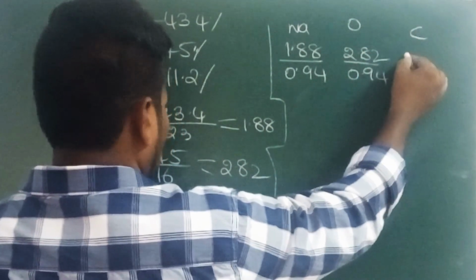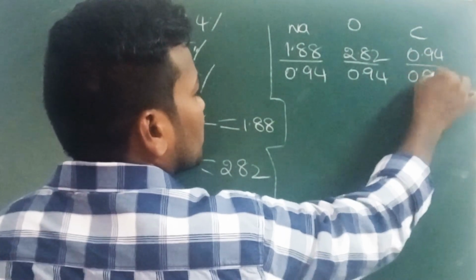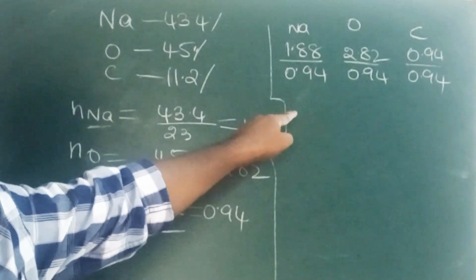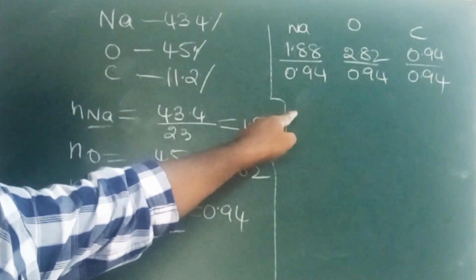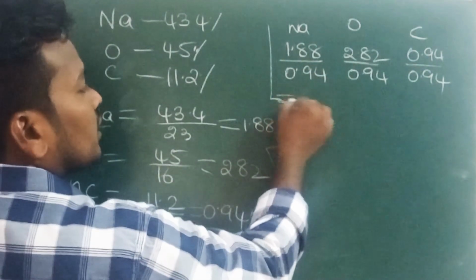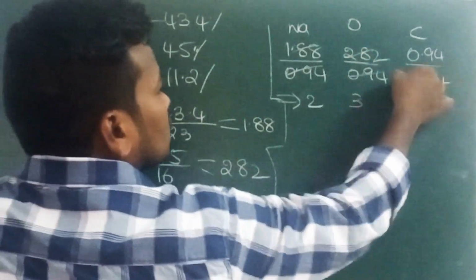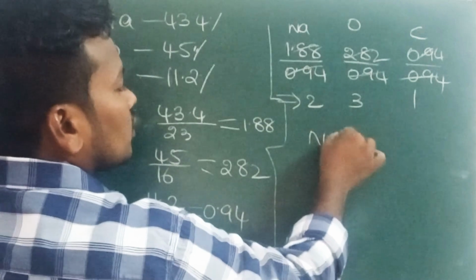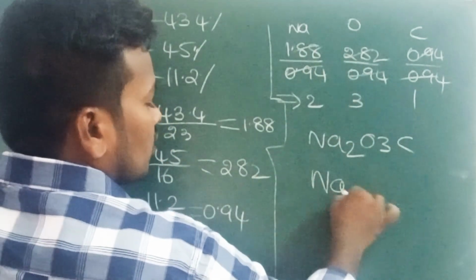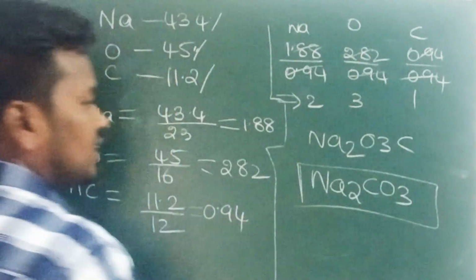Carbon: 0.94 upon 0.94. Before also we used to do the same thing, but before we took only two elements, and here three elements are present. So the ratio comes out as 2, 3, 1, nothing but Na2O3C, so the formula is Na2CO3. Like this we will find.